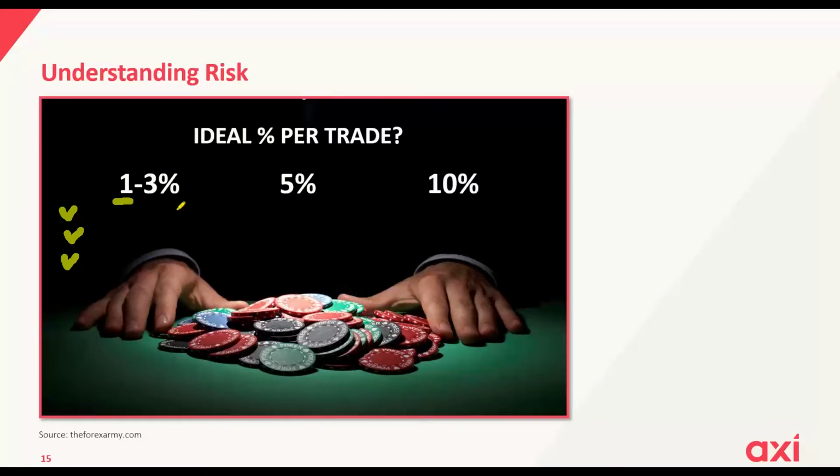But if it has 1, 2, 3, 4, 5 criteria, maybe I'll put 3%. If 1, 2, 3, 4, 5, 6, 7, 8 criteria are met, I will put 5% on the trade. Because just like roulette, the higher the probability of getting correct, whether it is out of 3, out of 6, or out of 10, the more you should allocate to your trade.